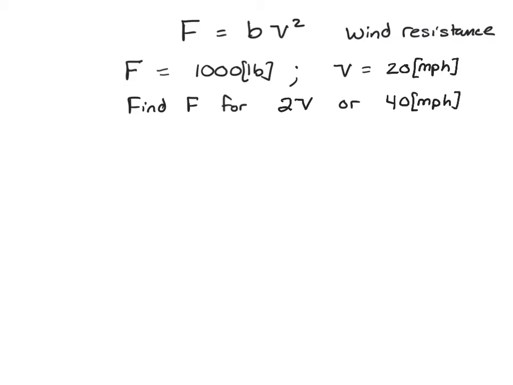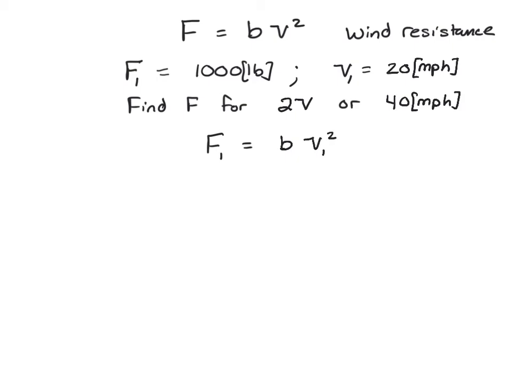Now I've got two ways to do this. One is I could plug in the data and find the constant B. Then I would have the formula and I could plug in for any numbers. Or I could just plug in that 2V. So for example, I'll say this is F1 and this is V1. I know what the situation is. F1 equals B times V1 squared.